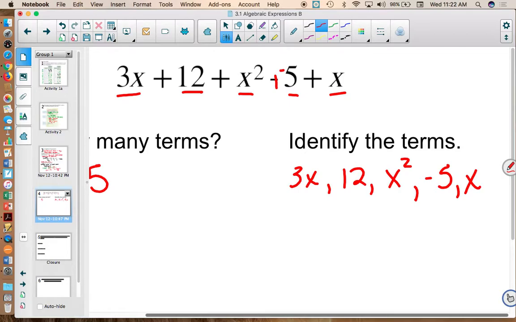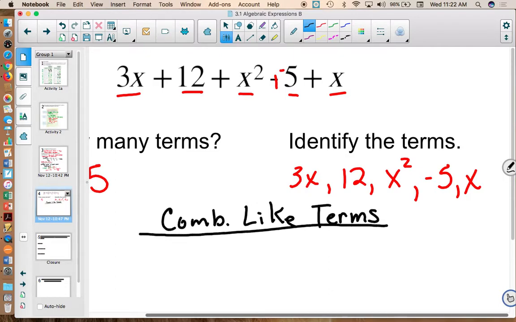Now, I'm going to add a piece to this because it's not here. I want you to combine the like terms. Or I guess instead of doing that, let's just list them. Let's make sure you know how to list these. List the like terms. Somebody help me with that.